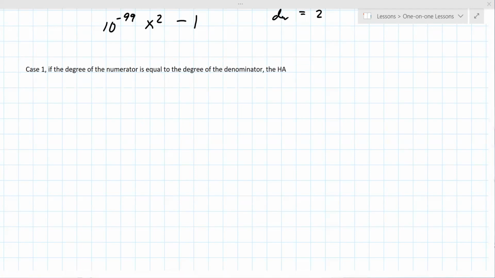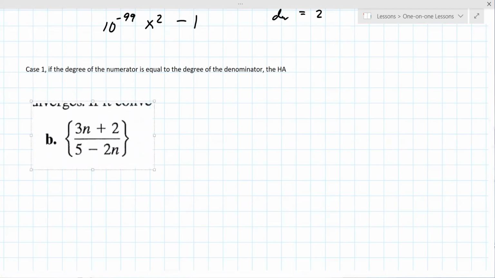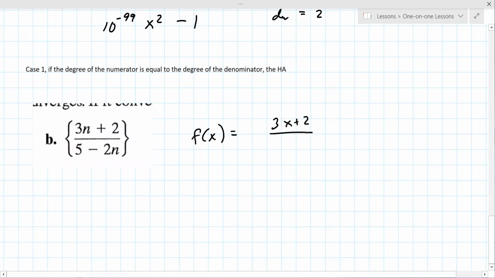It's almost easier for me to just show you what it becomes to remind you, because you've already seen this before. But I'm going to write it slightly differently, in f of x notation just for now. 3x plus 2 over 5 minus 2x. But then I'm going to rewrite it further. I'm going to put the leading term first, so it's minus 2x plus 5.